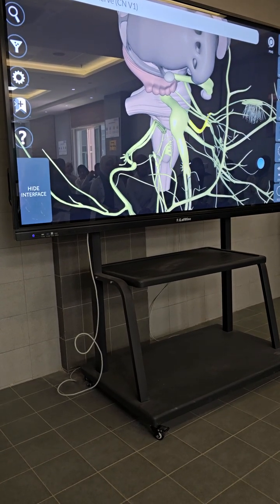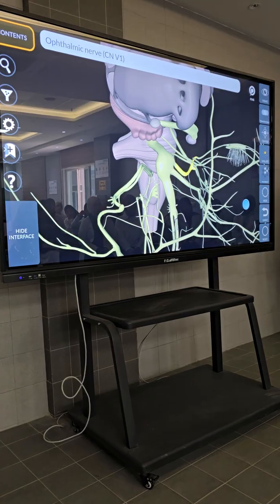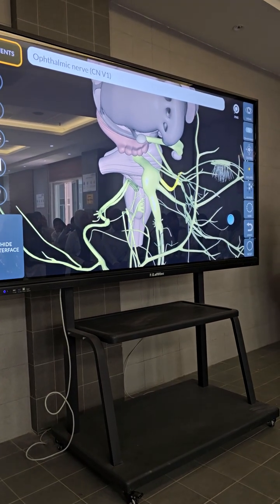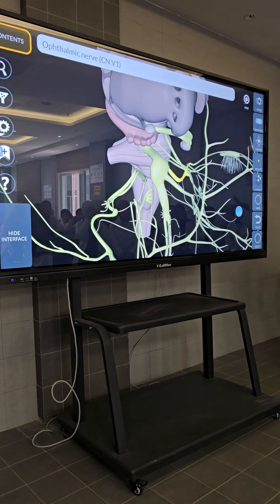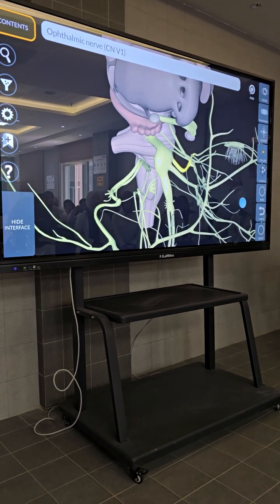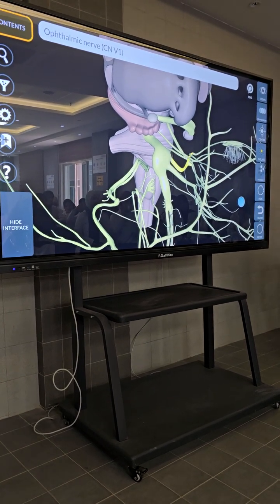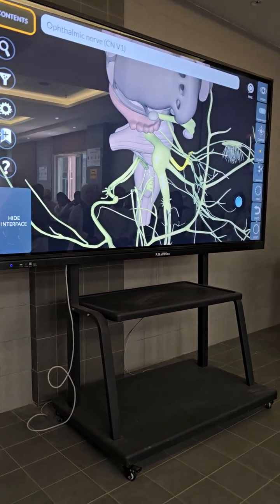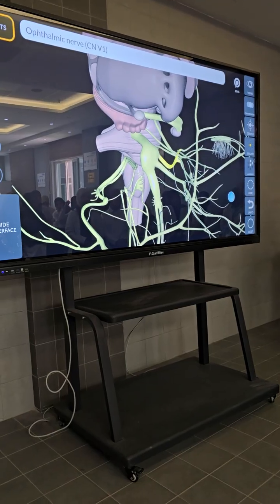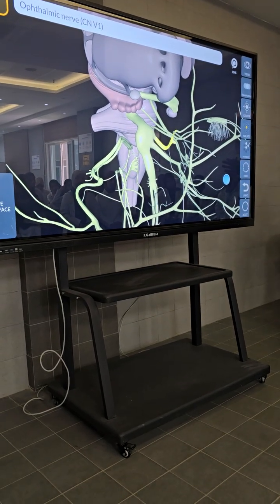If you remember, the ophthalmic nerve passes through the lateral wall of the cavernous sinus, similar to the oculomotor and trochlear nerves, and enters into the superior orbital fissure, enters into the orbit, and makes many branches.